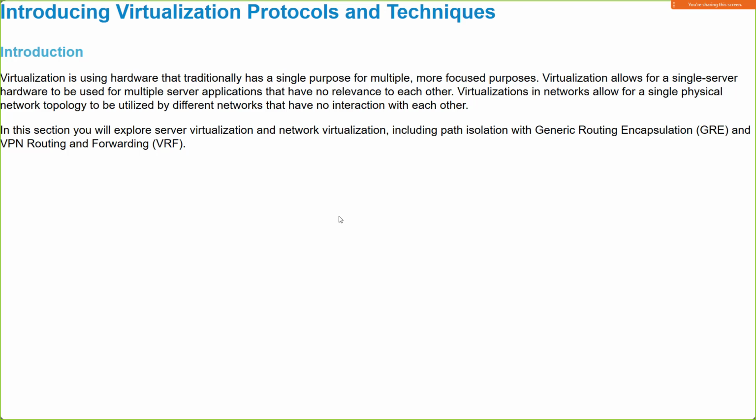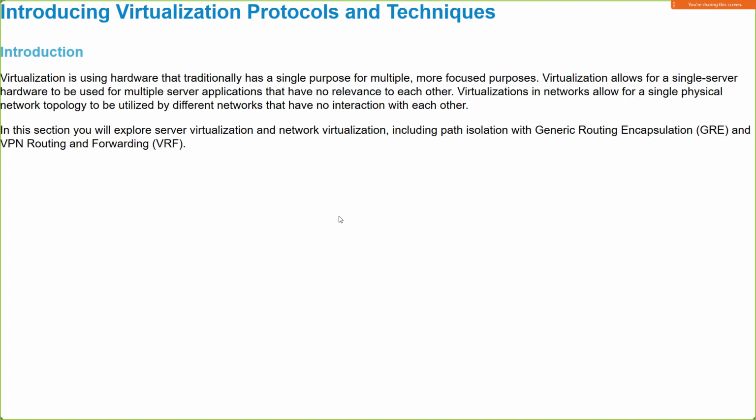So in this section, we're going to take a look at server virtualization, network virtualization, including things like path isolation with GRE. We don't talk about DMVPN in this case, which also provides path isolation, but with the ability to do point to multi-point as well as hub and spoke and encryption with IPsec.